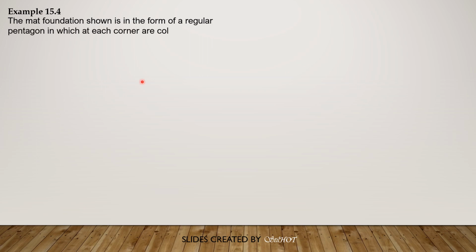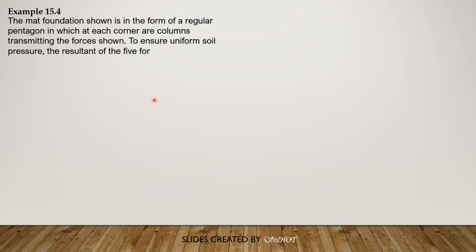Our last example, 15.4. The mat foundation shown is in the form of a regular pentagon in which at each corner are columns transmitting the forces shown. To ensure uniform soil pressure, of course, the resultant of the five forces must pass through the center of the mat.